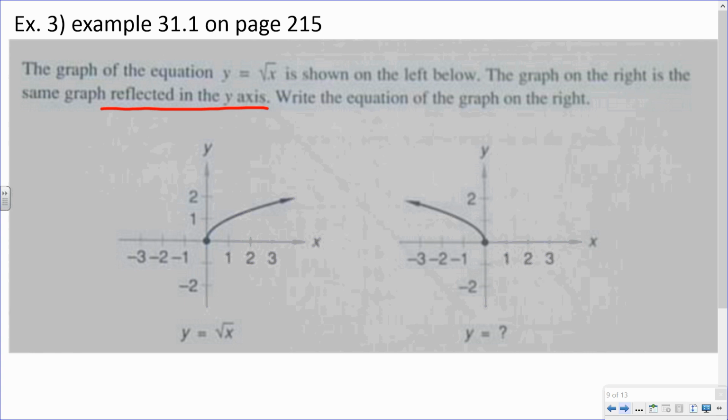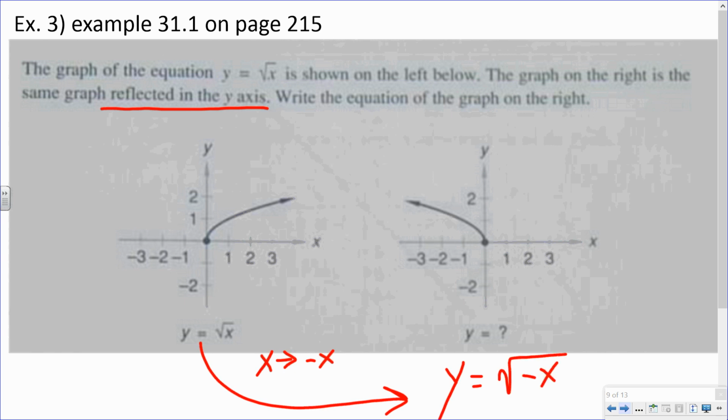If we reflect in the y-axis, that means we have to change x to minus x in the equation. So if we take this and change the x to a minus x, we now have y is the square root of the opposite of x. That does not mean we're taking square roots of negatives. We're not talking about imaginaries.